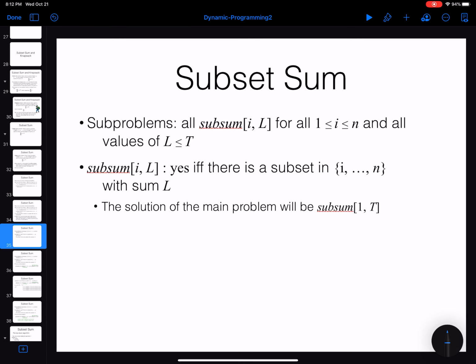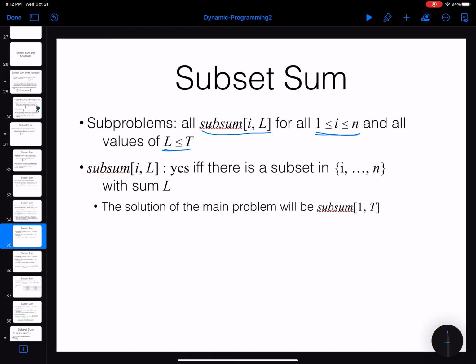So if I wanted to write it, all the subproblems that I defined are like this: for all different values of I and L, I is between 1 and n, all the objects from I to n, and L is all the values between 0 and t.